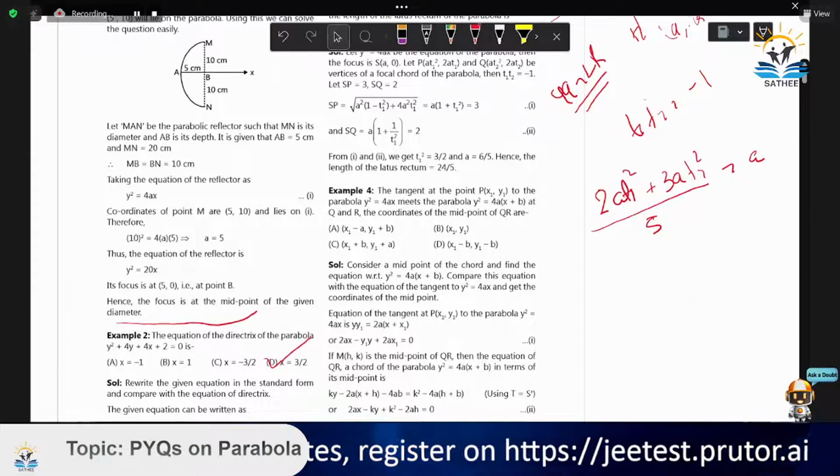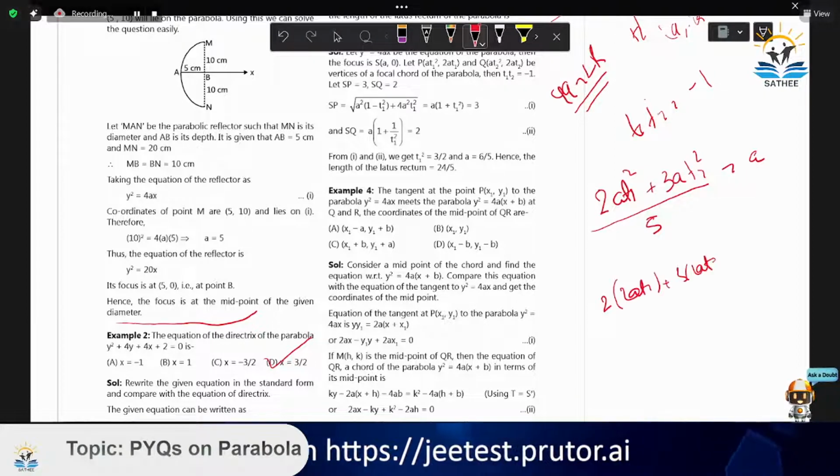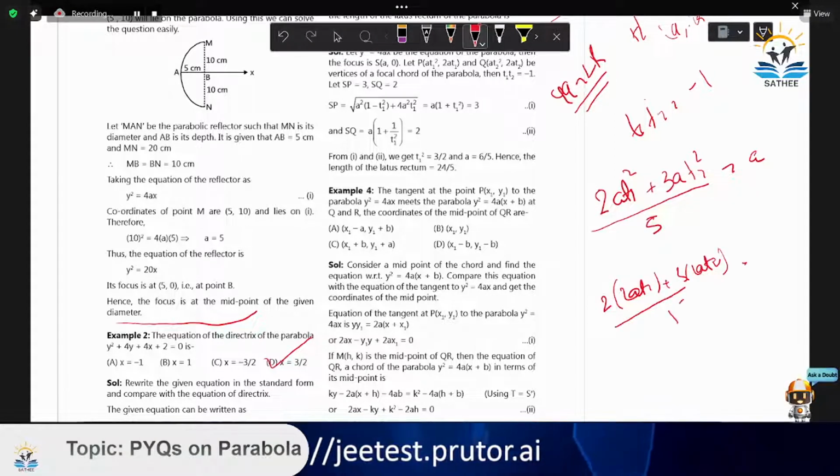And what do we have? 2 times of 281 plus 3 times of 282 by 5 is 0. So let us solve.